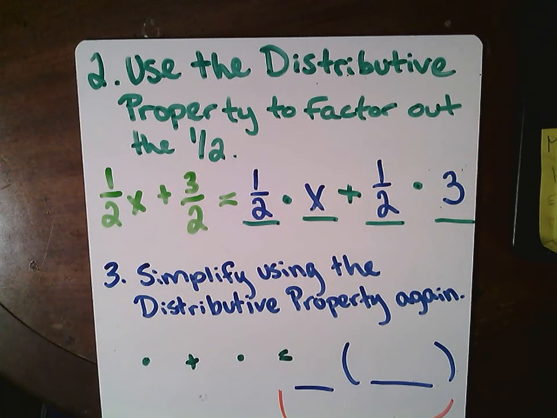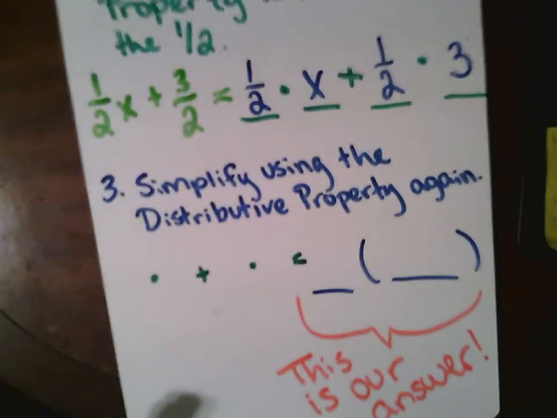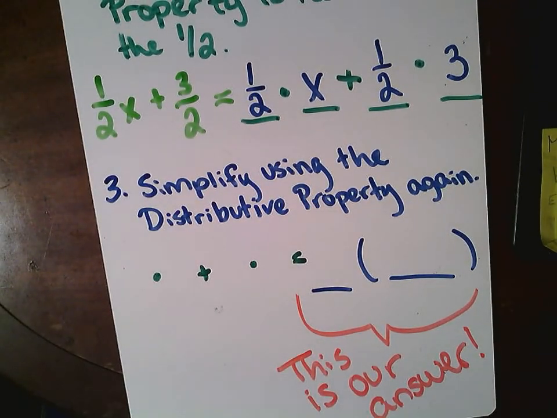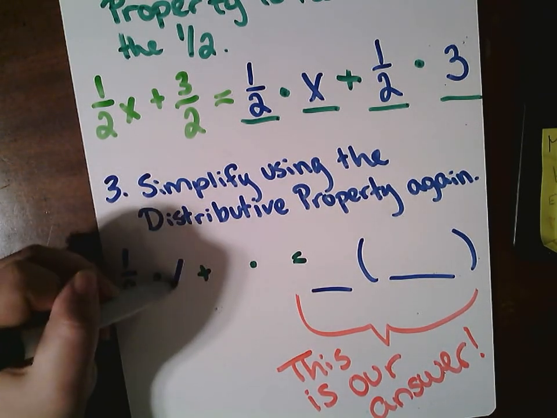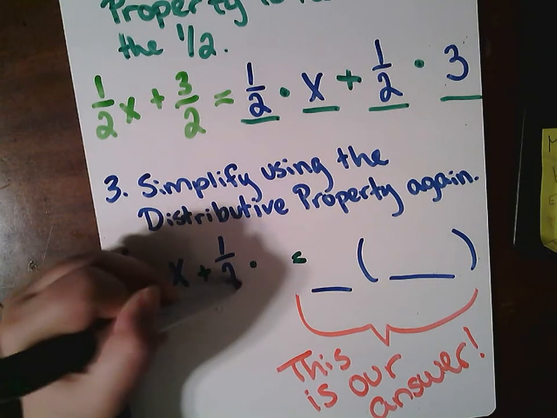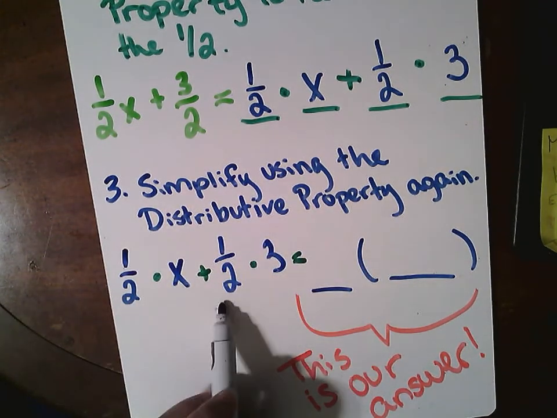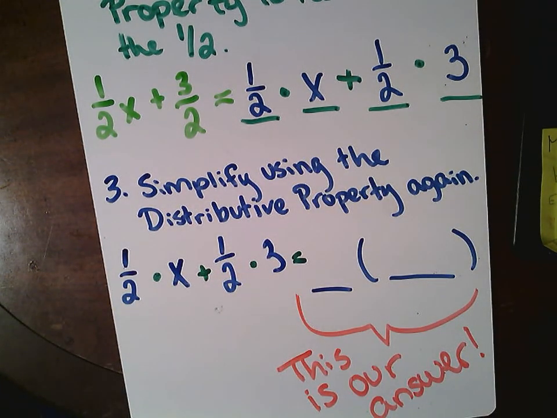Now that we have it broken up and factored out that 1/2, we just want to simplify it. So again, I wrote it out with the blanks. Up here we have 1/2 times x plus 1/2 times 3, and I just copied this straight from up there. Now with our answer, we're going to use that distributive property again to combine everything.